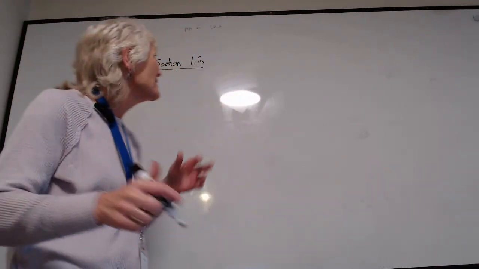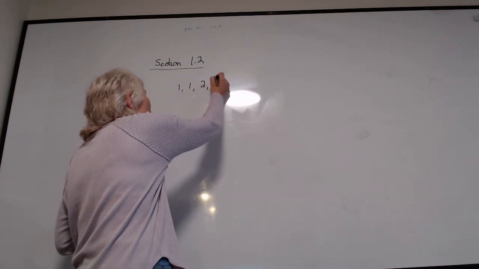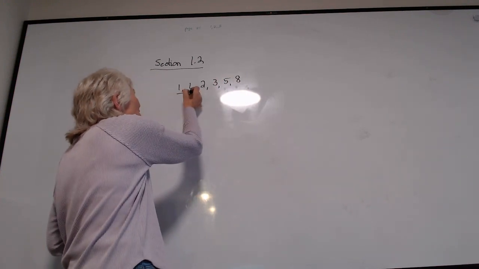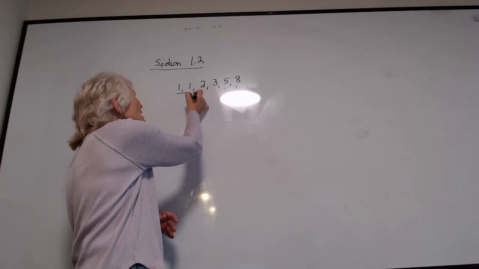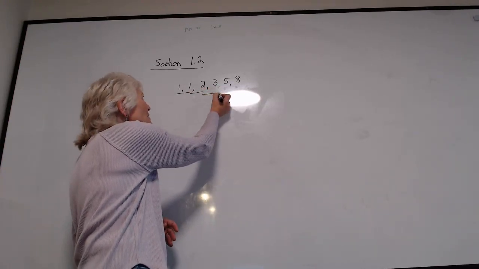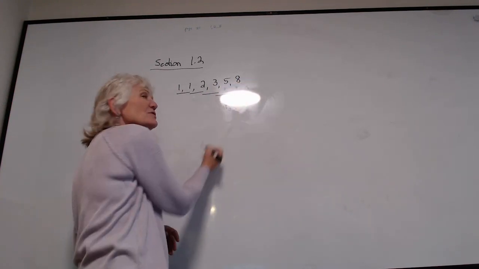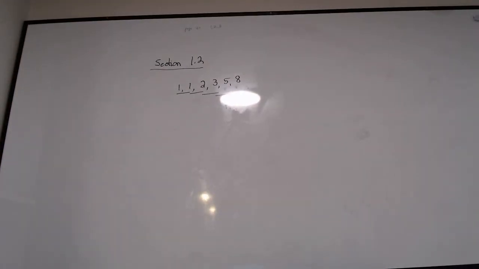It goes 1, 1, 2, 3, 5, 8. So it takes the first two, adds them together, and that gives me the third. If you take the next two, add them together, that gives you 3. If you take 2 and 3 and add them together, that gives you 5. If you take 3 and 5 and add them together, it gives you 8. So you add the previous two terms.